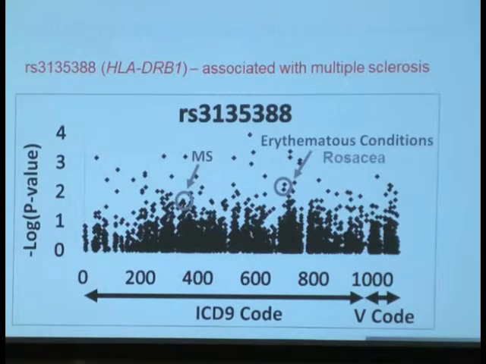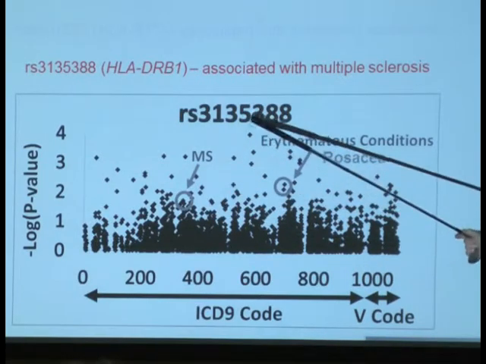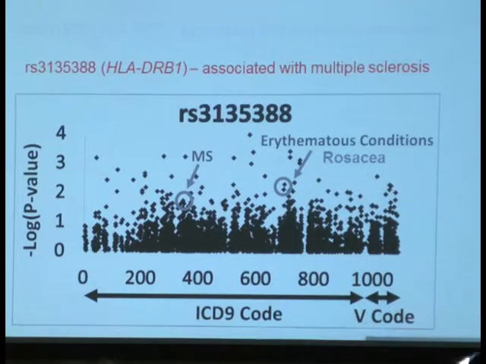This was a proof of principle study. And one of the incidental findings that they found is the ICD-9 code that defines erythematous conditions was linked to this specific genetic variant. And what's important is when I went in this reverse approach, also looking at this genetic variant, we also picked up a linkage with erythematous conditions.